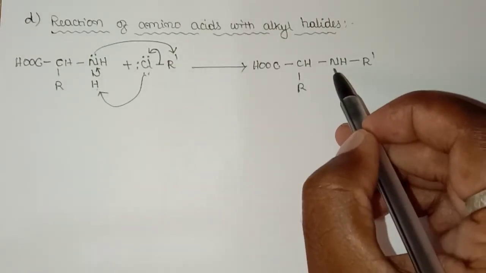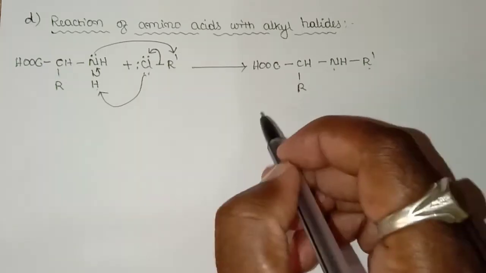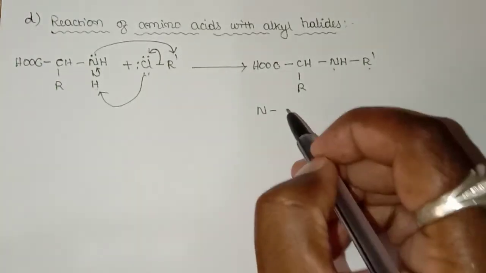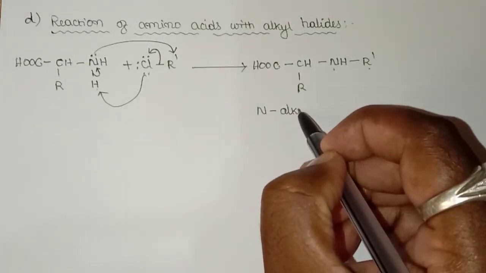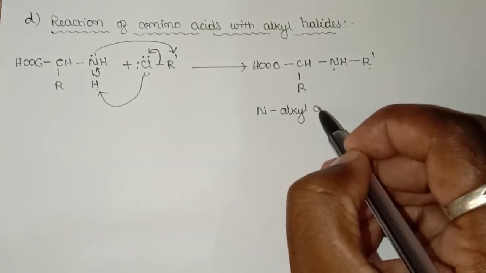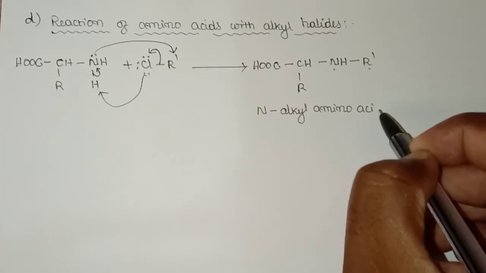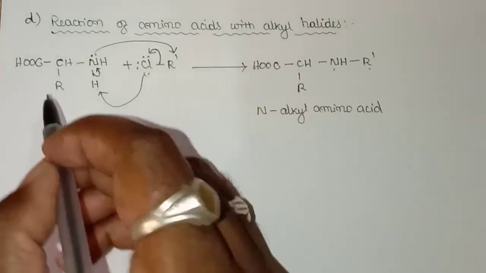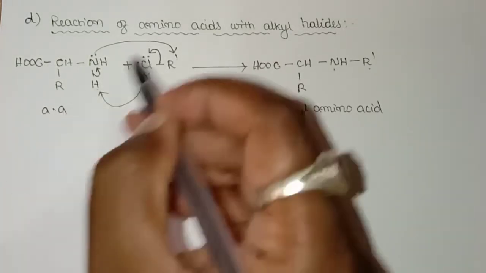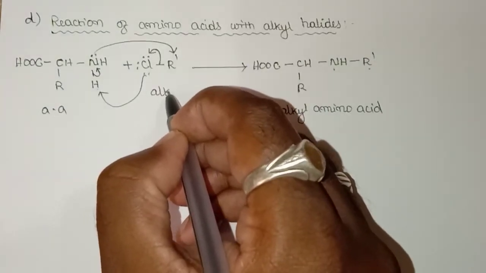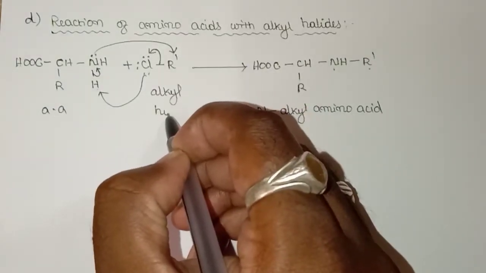So here the nitrogen is alkylated. So we can simply write as N alkyl, and the parental material is amino acid.